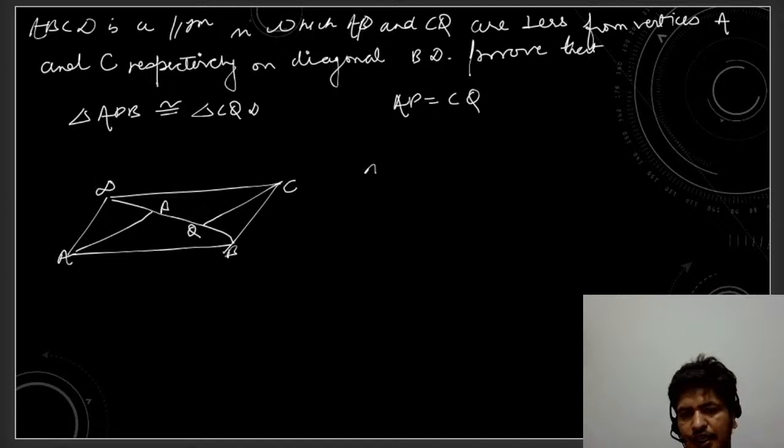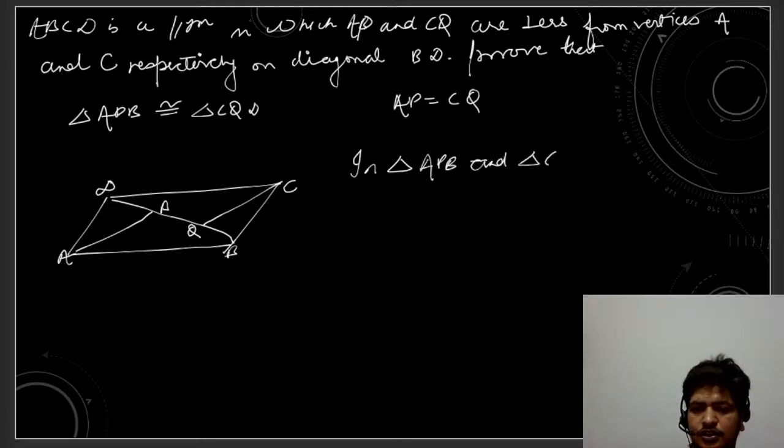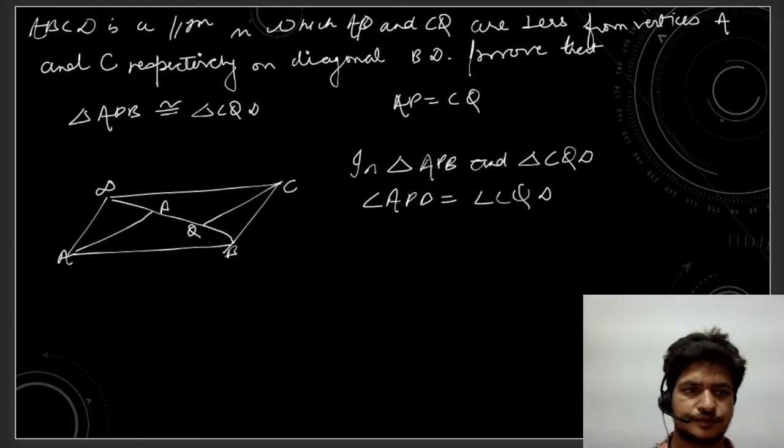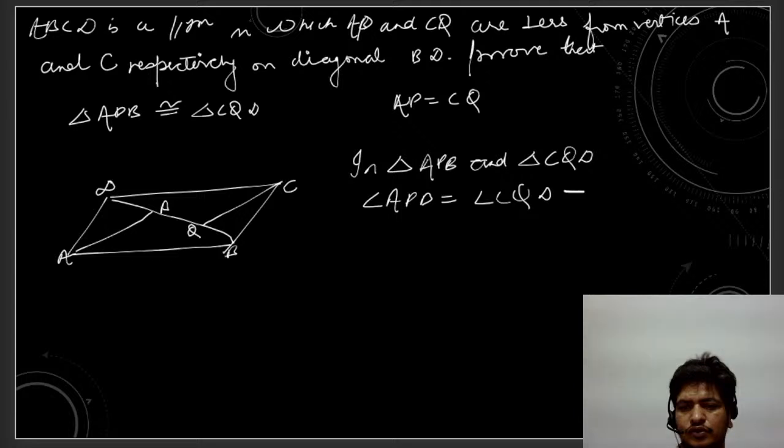What we can say? We will say in triangle APB and triangle CQD, what we can say? Angle APB that is equal to angle CQD. Angle APB and CQD, these two are equal to 90 degree. We can prove this one. Again, what we can write, that is AB that is equal to CD.